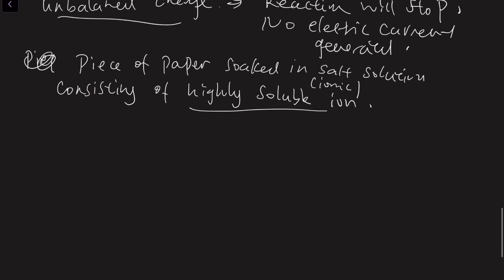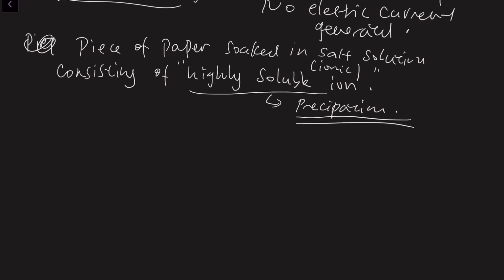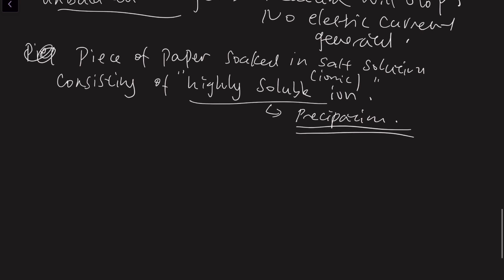This is key. We don't want any precipitation from forming, because whenever precipitate forms, it would no longer act as a salt bridge.